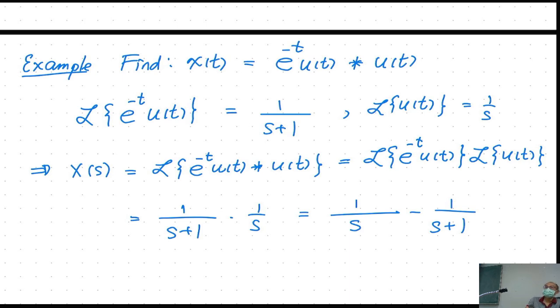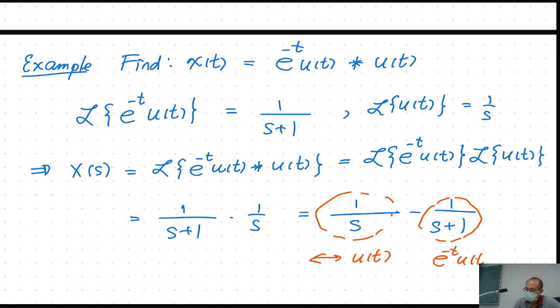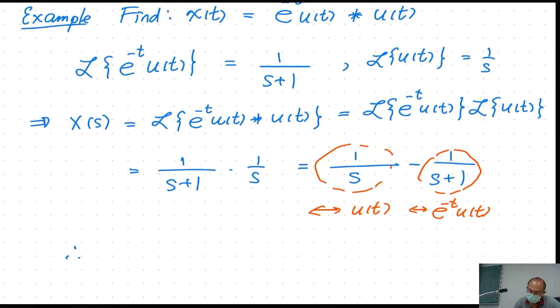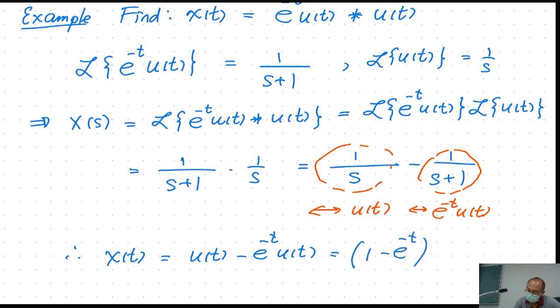And now we can find the inverse Laplace transform already, because this term is just u(t), whereas this term is e to the negative t u(t). So we know that x(t) is u(t) minus e to the negative t u(t), or (1 minus e to the negative t) u(t).